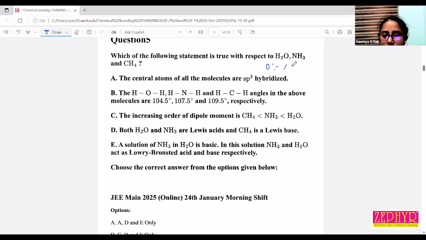Oxygen forms sigma and pi bonds: 2 sigma plus 2 lone pairs, sorry, 1 lone pair on each.